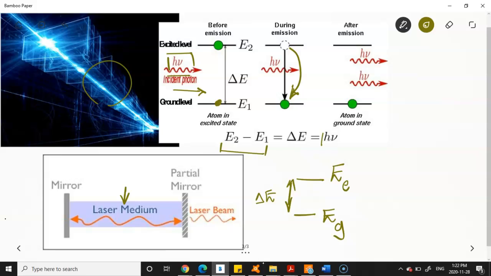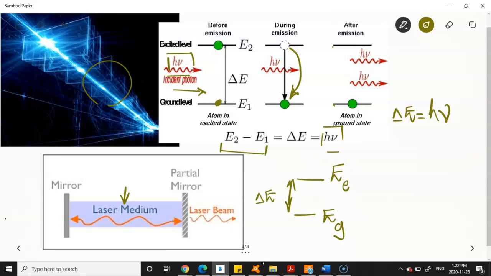Because of the quantized energy, we know that this difference of the energy should not be continuous. It can take only a discrete value, which they call h nu. h is the Planck constant, nu is the frequency of the photon which is emitted, which is a function of the difference of these two states.